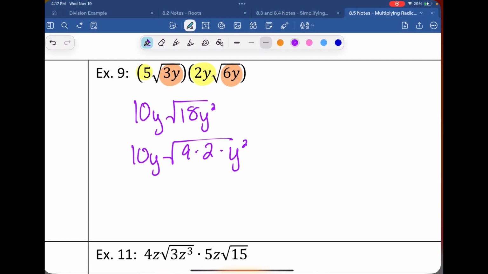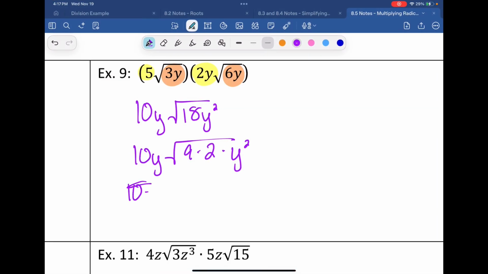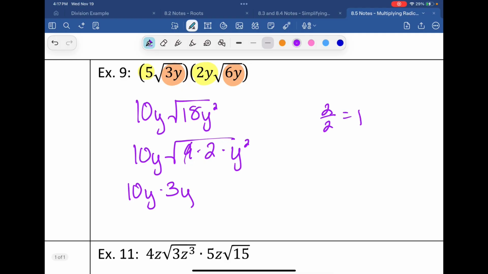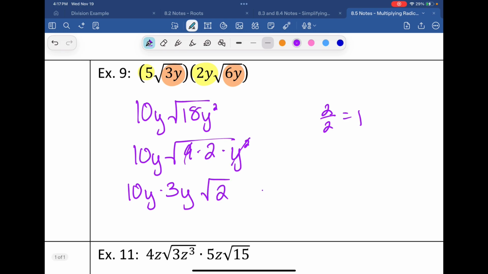Square root of 9 is 3. The 2 is going to stay. Now I'm looking at that y squared. Exponent by index, whole number. So square root of y squared is y. So ultimately we have 30y squared root 2.